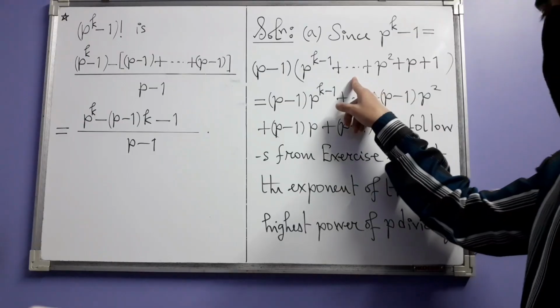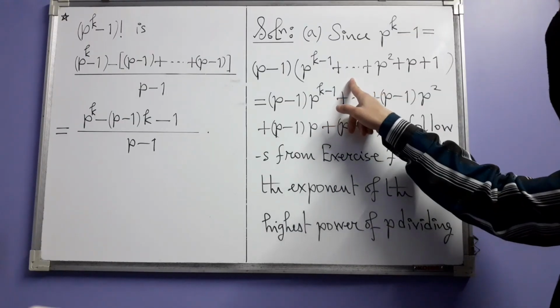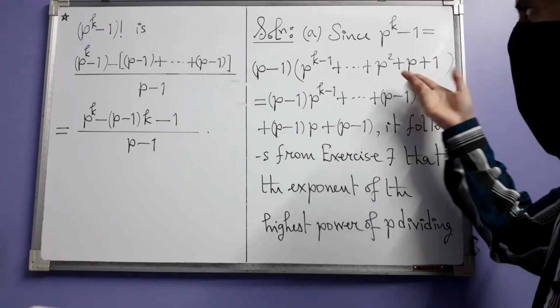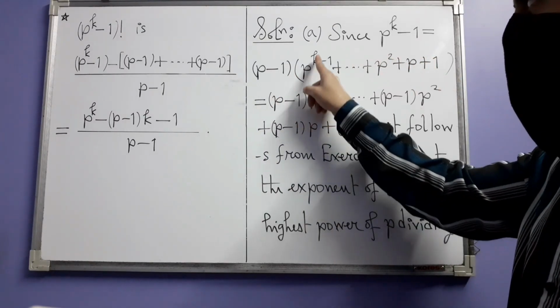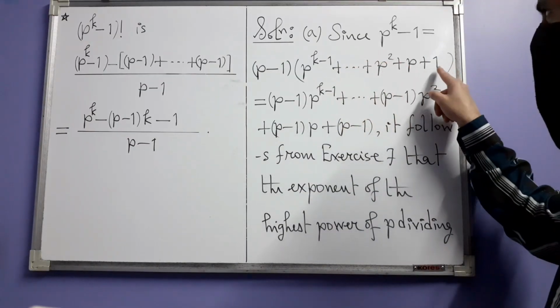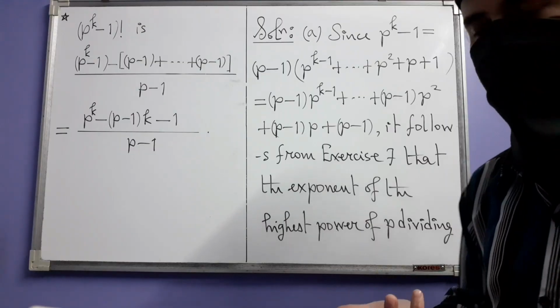We first use this identity that we know from algebra. We can express p to the power k minus 1 as this product: p minus 1 times (p to the power k minus 1 plus p to the power k minus 2 and so on until you reach 1). This is something you know from classical algebra.